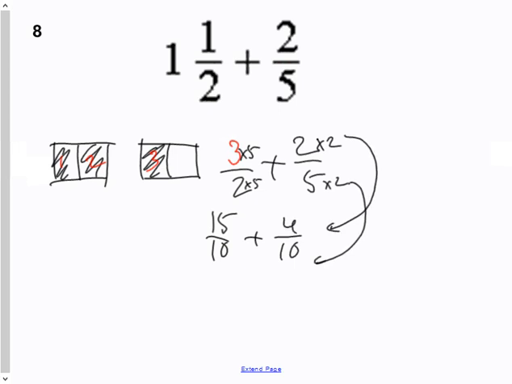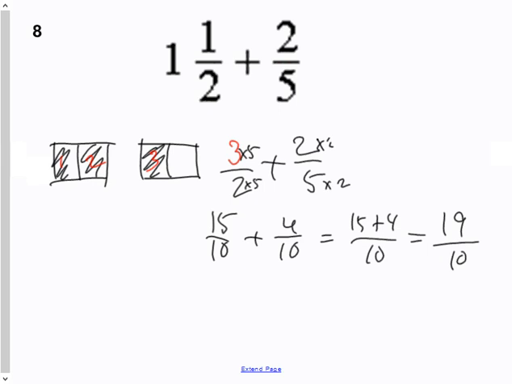So 4/10 is equivalent to 2/5. Those are equivalent fractions. And now that we have that, if I have 15/10 plus 4/10, I get 15 plus 4 over 10, which is going to be 19/10 as a final answer. But we all know that 19/10 is an improper fraction.